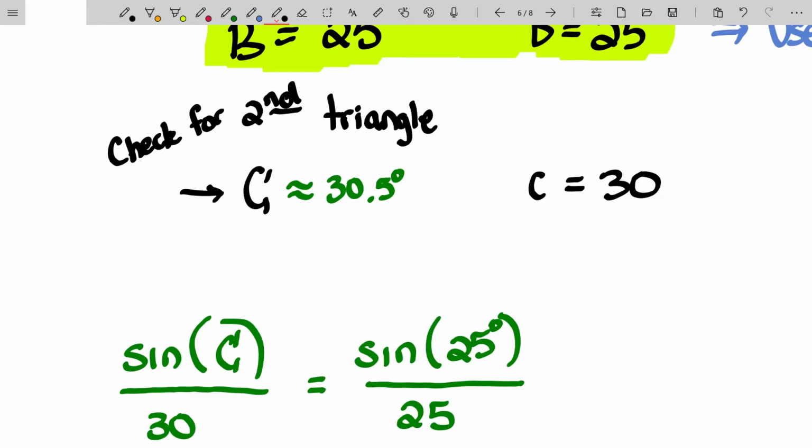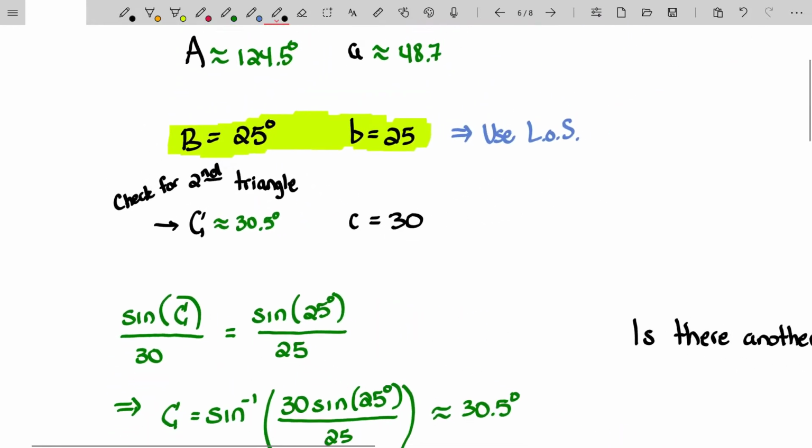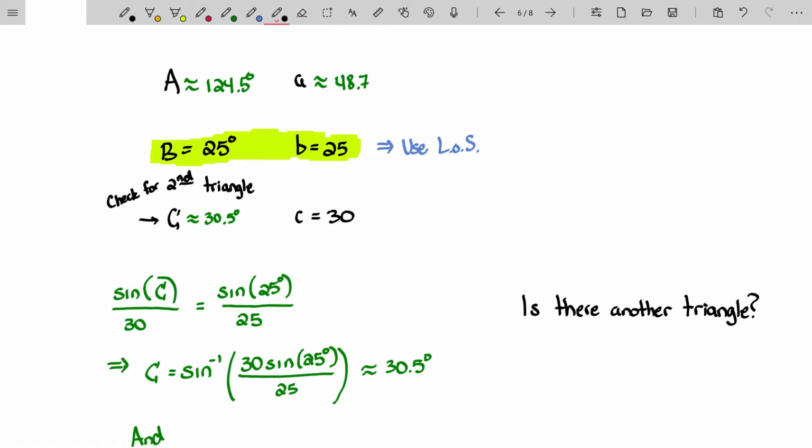The moment that you have to use the law of sines to find an angle, you should always check for a second triangle. You should state that you need to check for a second triangle. That will remind you to go back and say, okay, well, will 180 minus that number fit within this triangle? Remember, the law of sines only returns an acute angle.